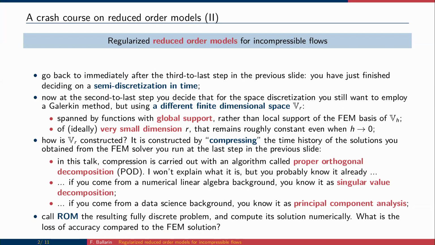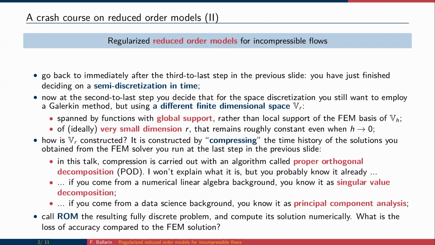What are the key differences between VR and VH? The first key difference is that VR is spanned by functions with global support, rather than the local support of the finite element functions in VH. And that the dimension R should ideally be very small, hence the name reduced. And that dimension R should remain roughly constant even when H goes to 0.